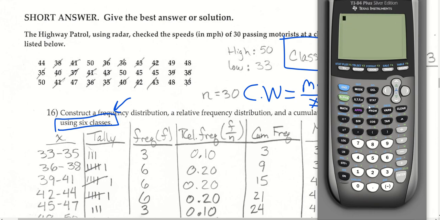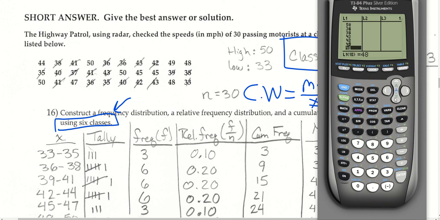The way that we do that, recall, is you hit the stat button. We want to go ahead and edit and enter our data set. I already pre-entered these, just going down, so going across, 48, 4, 38, 41, 50. I could scroll all the way down.